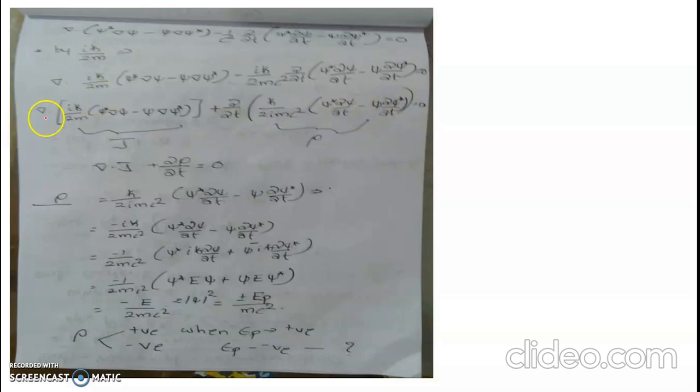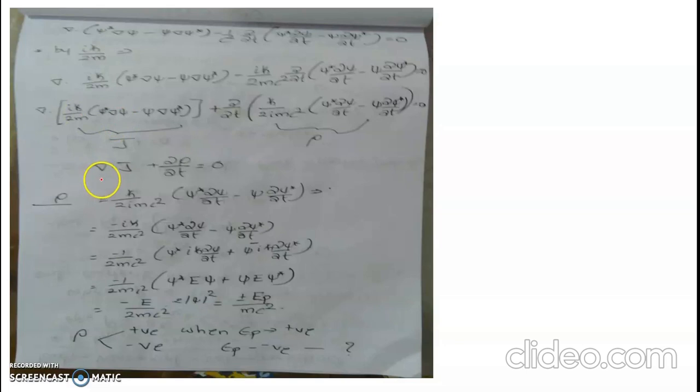Now this is of the form del dot a parameter plus ∂/∂t of another parameter equal to 0. Definitely this parameter is the current density, and this parameter in the time derivative is the source density. The negative time derivative of this flux will give rise to the current along the surface as far as the continuity equation is concerned.